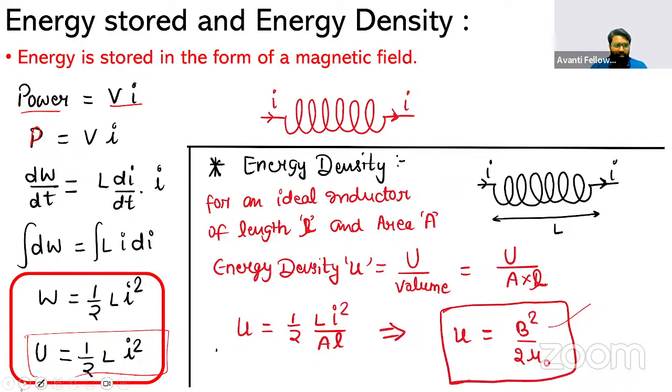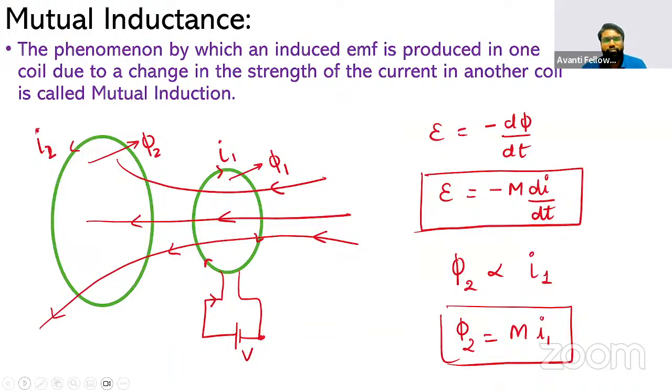Now the last topic of today's class is mutual inductance. So I have told you the phenomenon by which the induced EMF is produced in one coil due to the change in strength of current in another coil. So current changed in some coil, induced EMF produced in another coil, so that particular kind of inductance is mutual inductance. So look, here the rate of change of I1, I1 is changing, so due to the change of I1, magnetic flux will change in this loop.